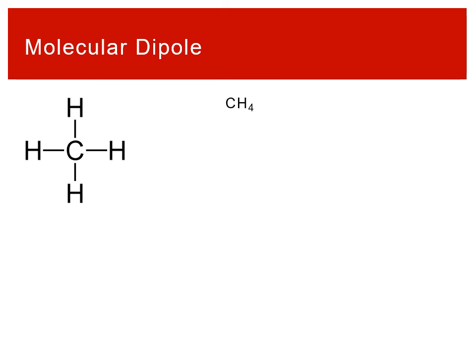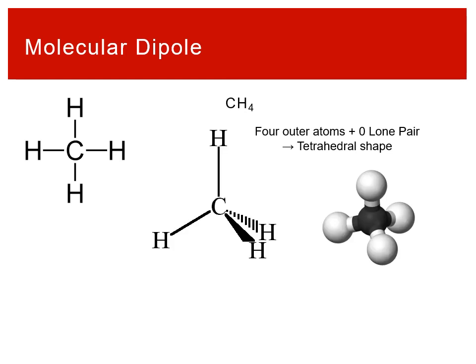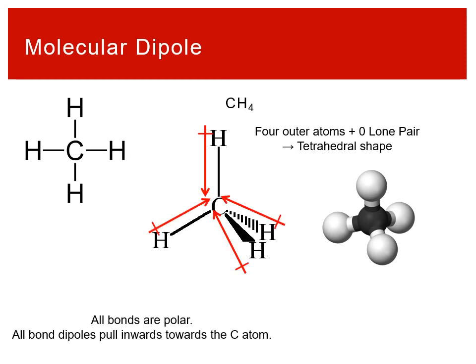CH4, so we can look at that Lewis structure. We know that 4 outer atoms, 0 lone pairs, that's a tetrahedral shape. So we can draw the Lewis structure with either dashes and wedges, or we can look at the 3-dimensional representation of the molecule. If we put those dipoles for the bonds, all my bonds are polar, all right, and all of those dipoles are pulling in towards the carbon atom, right?